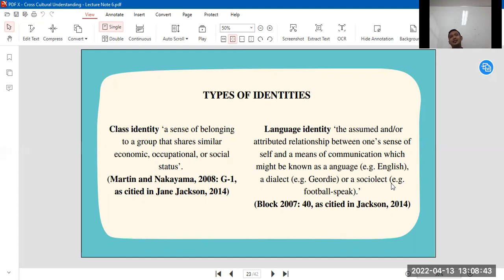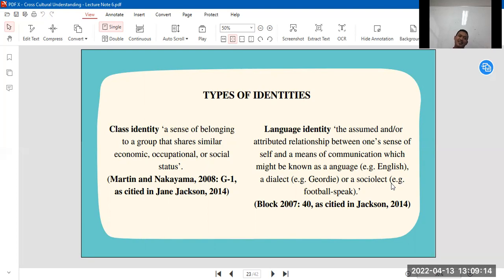We are continuously communicating our economic, social, and occupational status through our verbal and non-verbal behaviors. For example, our class identity is indicated through our dress, our adornments, tattoos, jewelry, business suits, and so on, as well as our posture, our stance.